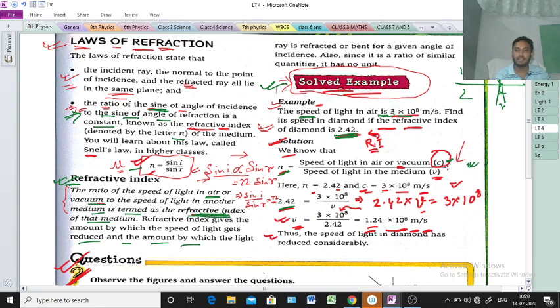And the speed of light in free space or in air is 3 into 10 to the power 8 meter per second.